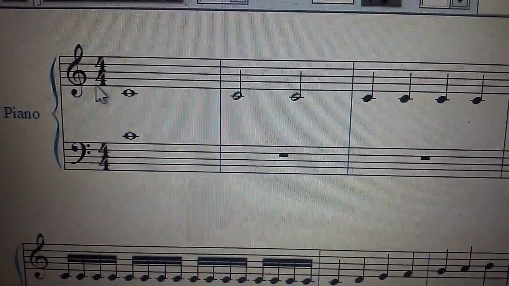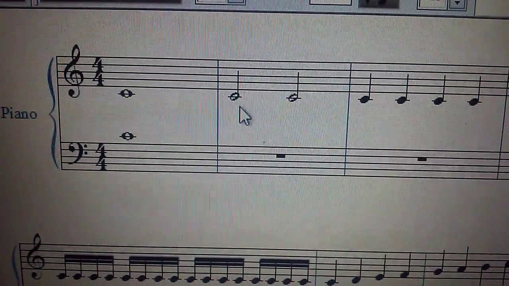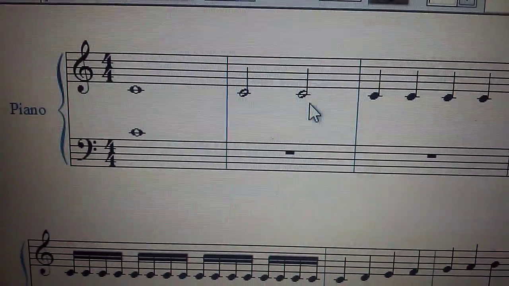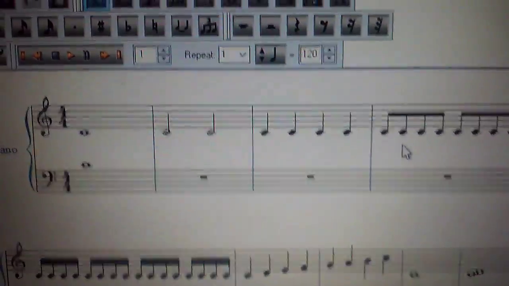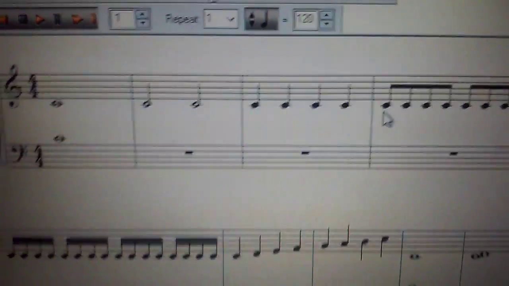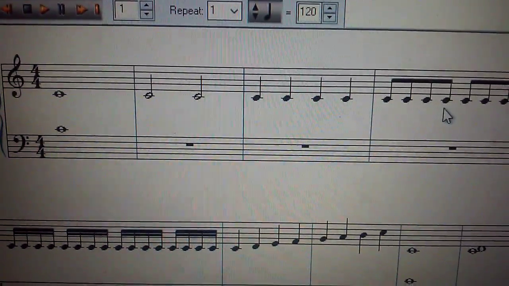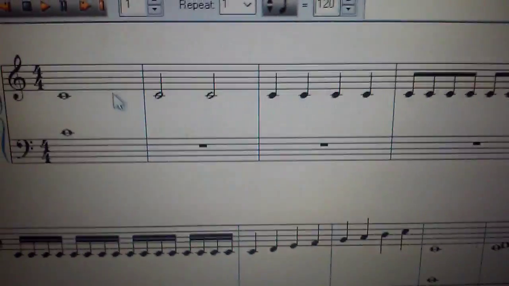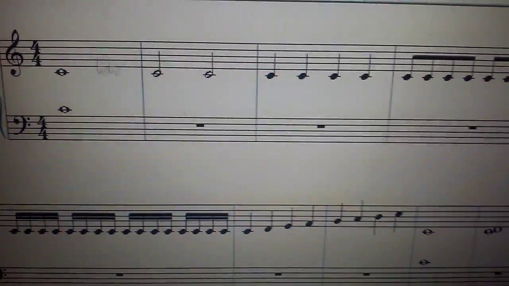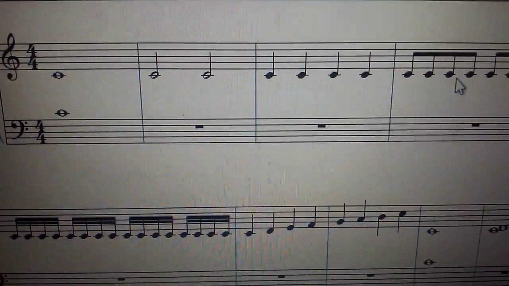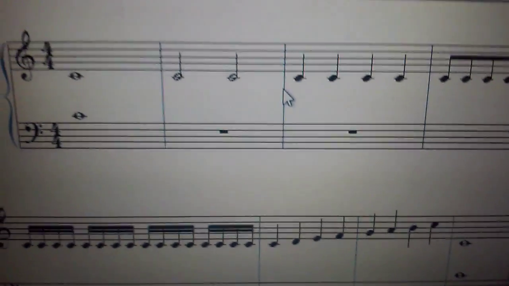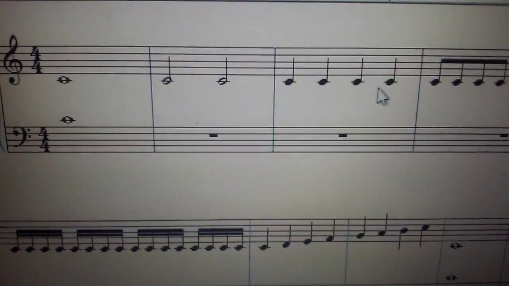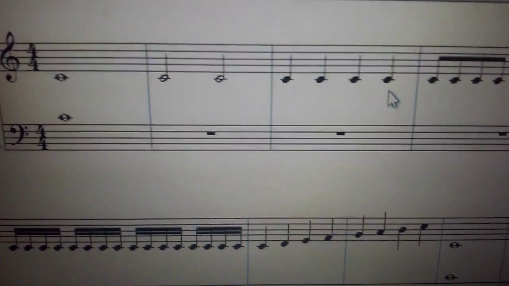If the bottom number were 2, that would mean a half note counts as one beat. And if the bottom note were an 8, that would mean that an eighth note counts as one beat. Okay, so if this were 4/8, then these 4 eighth notes would be one measure. Since it's 4/4, these 4 quarter notes count as one measure.